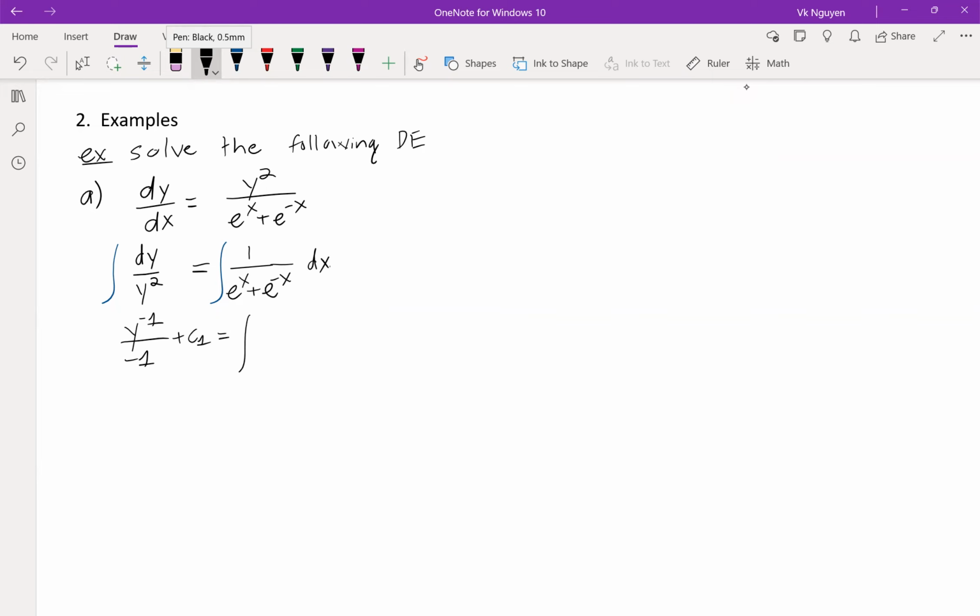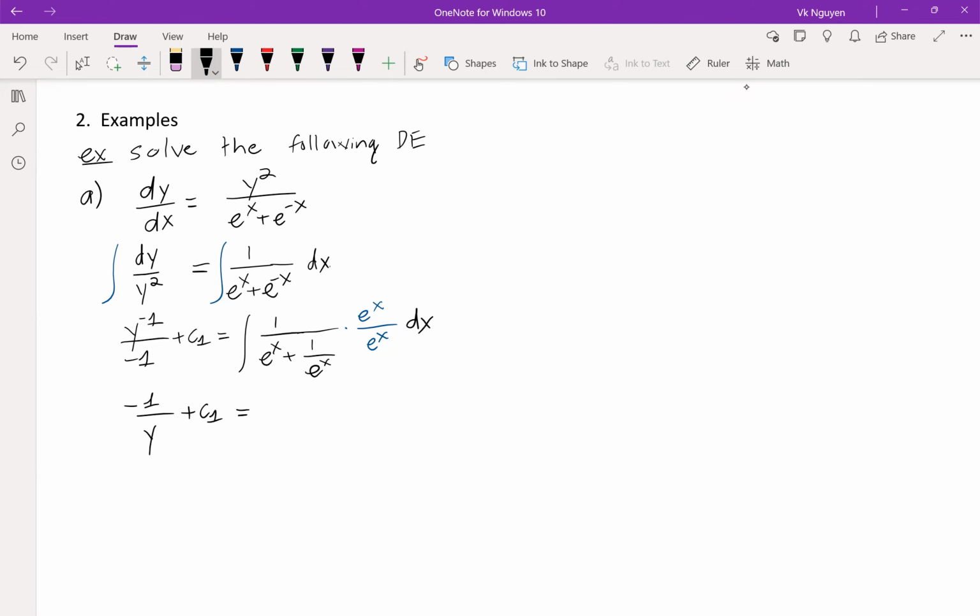So this one is 1 over e to the x plus 1 over e to the x. We can do a little trick to simplify. So multiply by e to the x over e to the x. And here I can simplify the left to be negative 1 over y plus c sub 1.